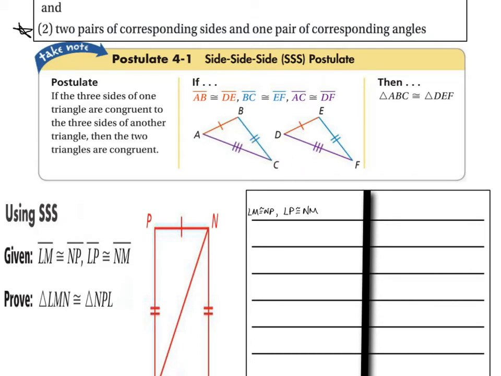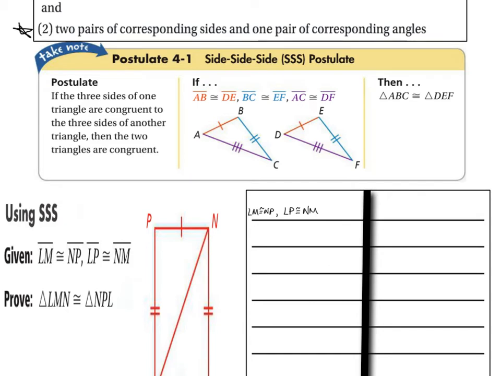So AB and DE are congruent to each other. They're corresponding sides. BC and EF are corresponding sides. They're congruent to each other. And AC and DF, those are corresponding sides, and they're congruent to each other. So if all 3 corresponding sides are congruent to each other, we can then say that the two triangles, in this case ABC and DEF, are congruent to each other.